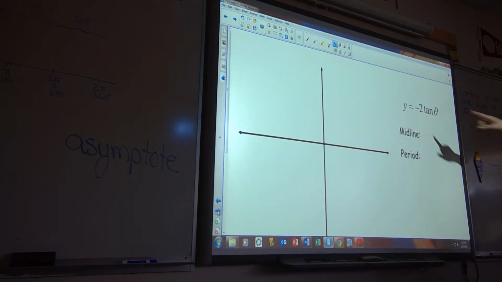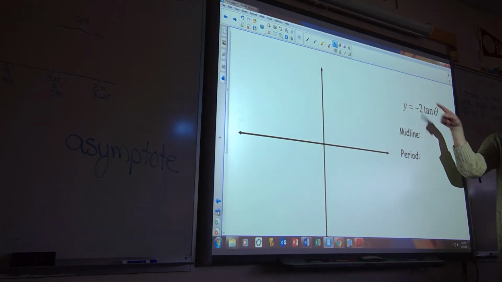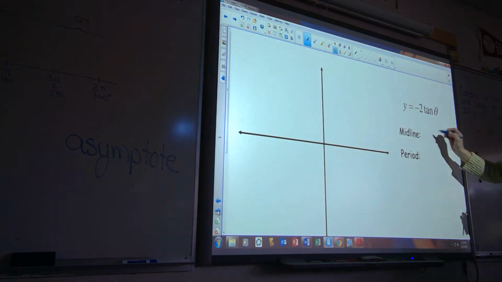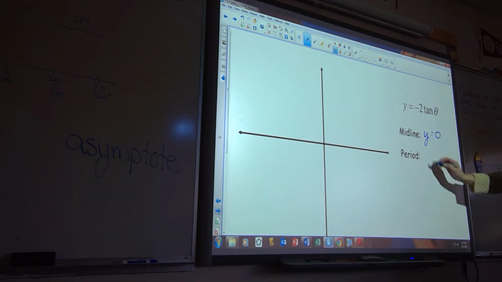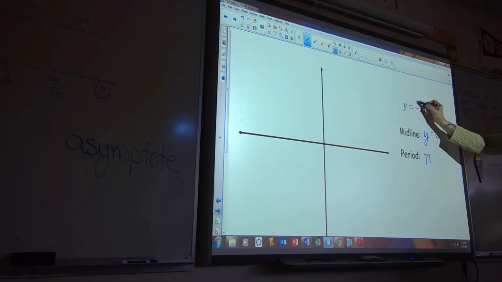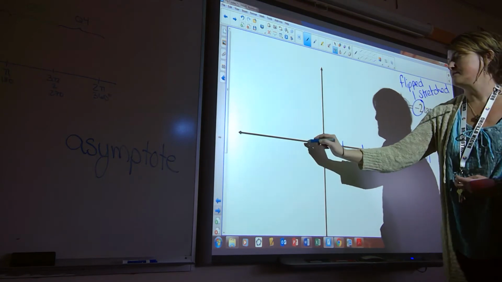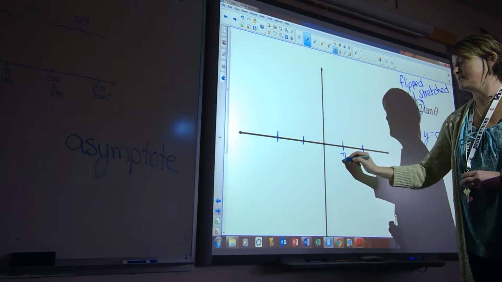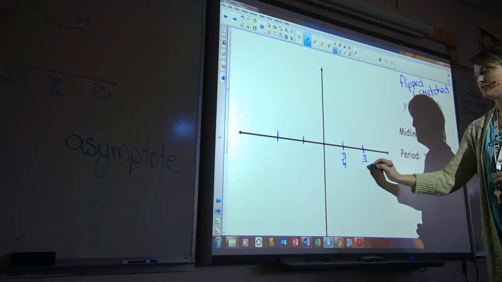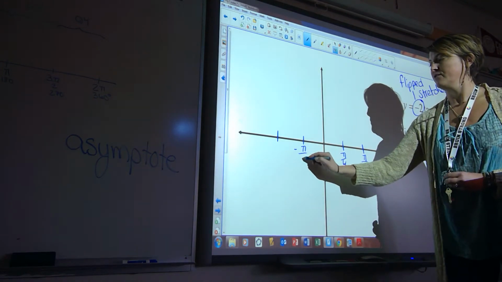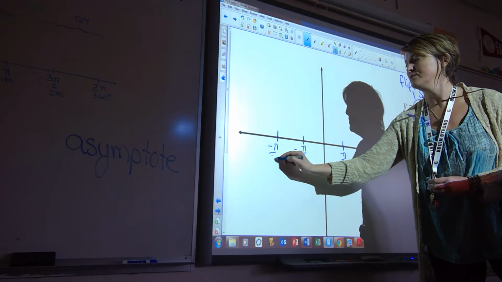There we are. This one has an amplitude change and a flip. So midline did not change, period did not change, but this is flipped and stretched. All right, so these points are the normal points: pi over 4, pi over 2, negative pi over 4, negative pi over 2.